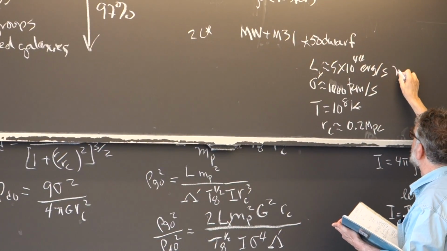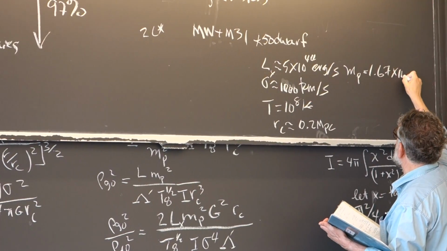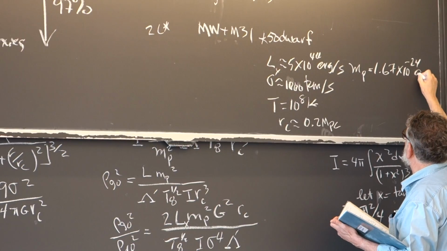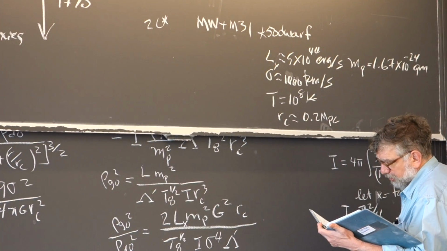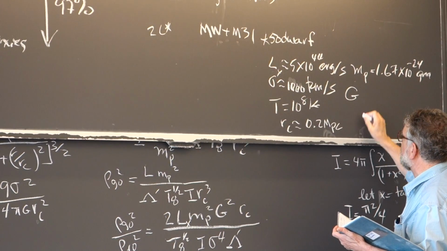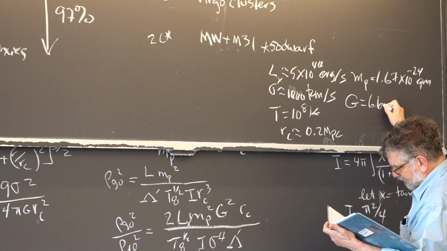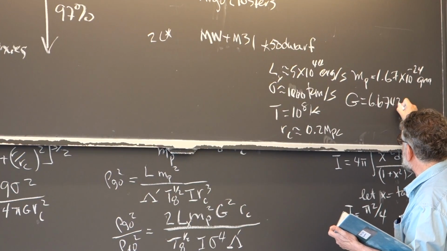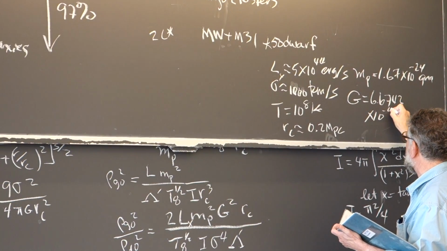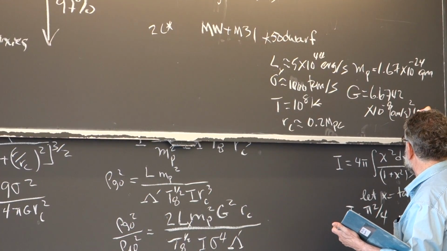Mass of a proton, 1.67 times 10 to the minus 24 grams on most days. And Newton's constant, which is better in this case to use conventional units, 6.6742 times 10 to the minus 8 centimeters per second squared, centimeters per gram.